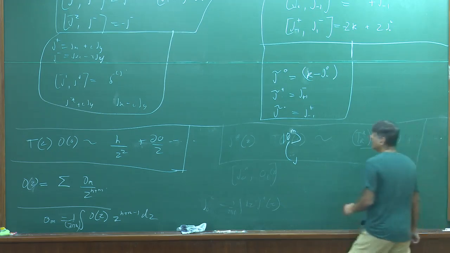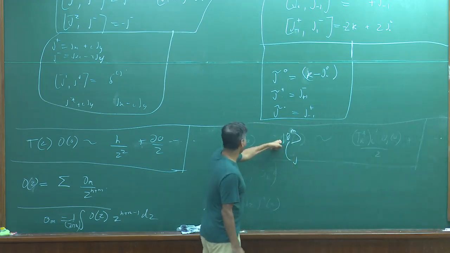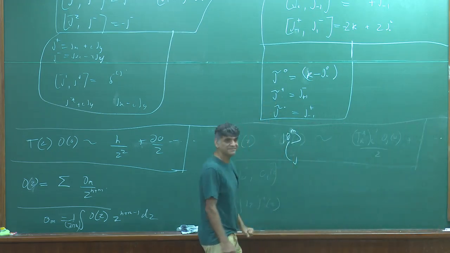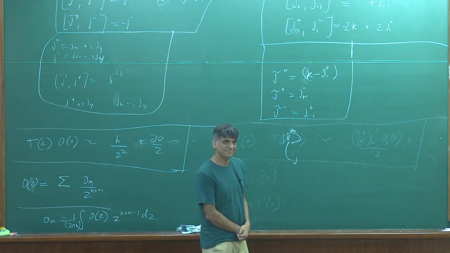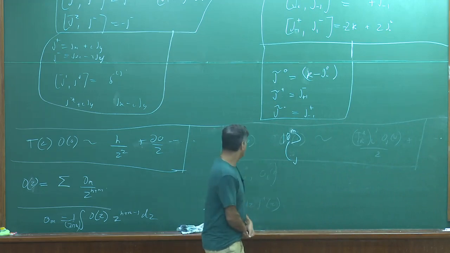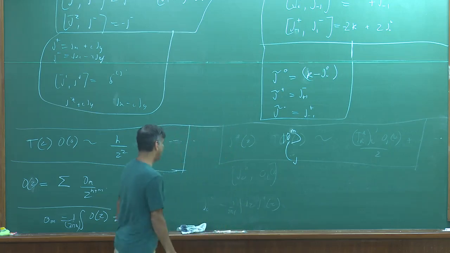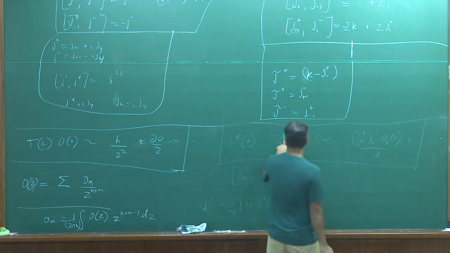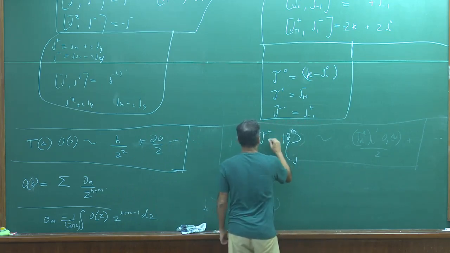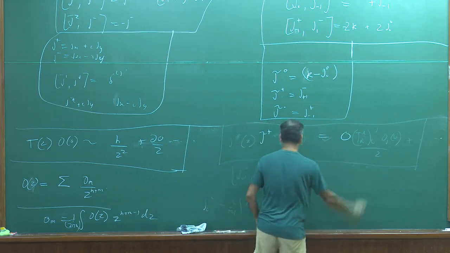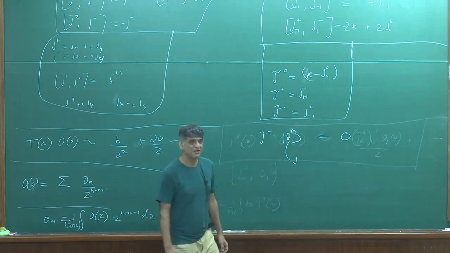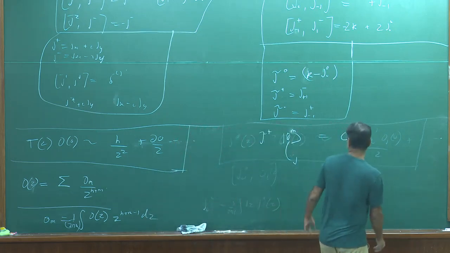Now let's look at the action of J tilde plus on this O. I'm claiming J tilde plus annihilates it. Why is that? Just because of the plus one.